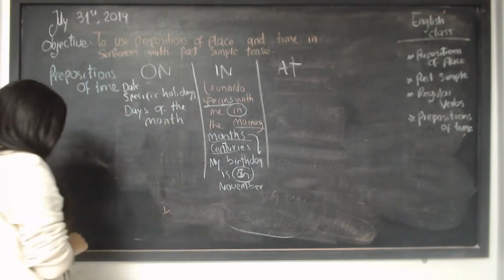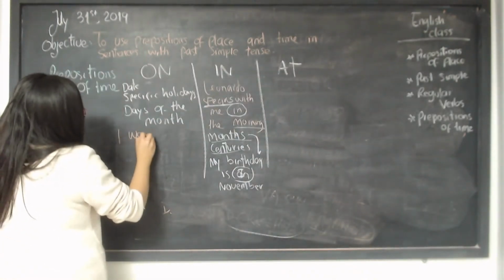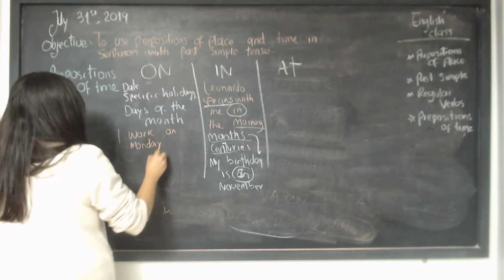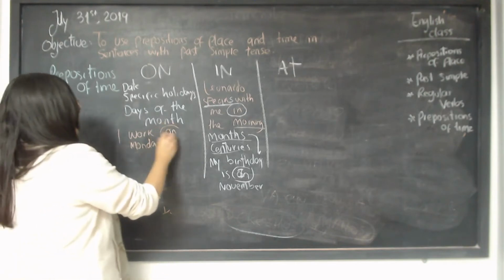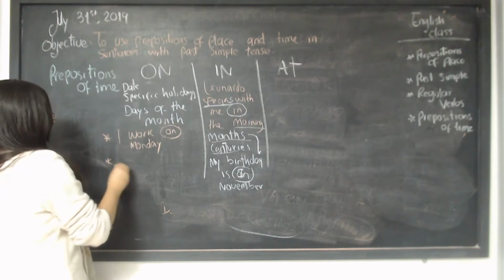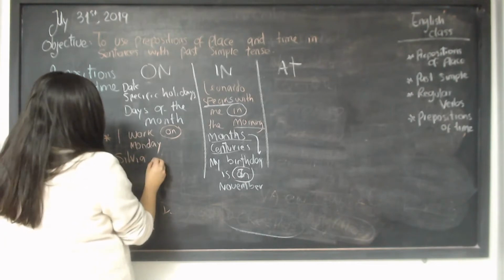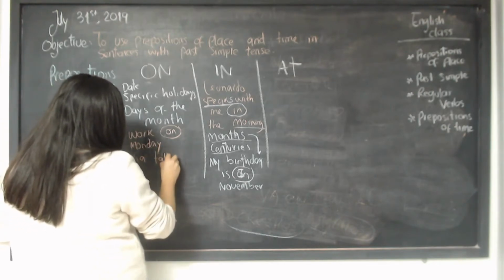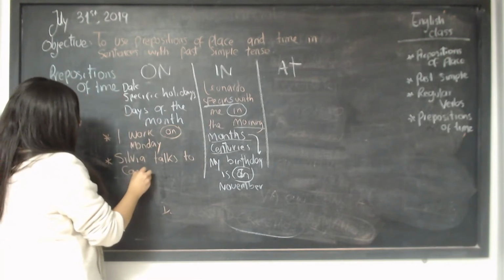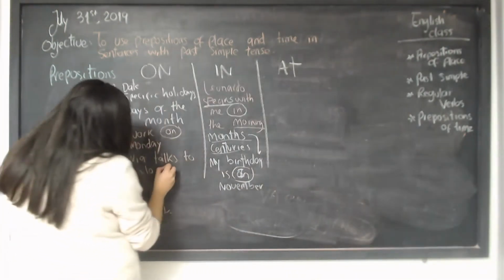And we're going to make an example. So I have to say, I work on Monday. Yo trabajo el lunes. This is my preposition of time, okay? Or for example, I can say, Silvia talked to Camila on Christmas.